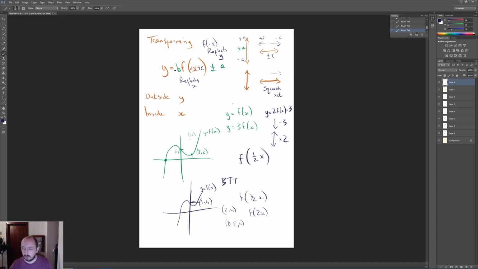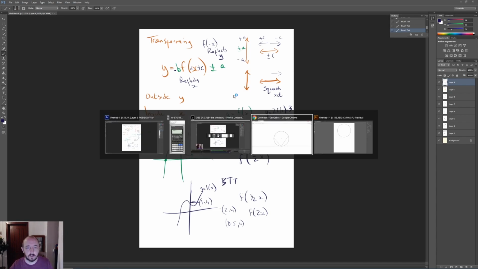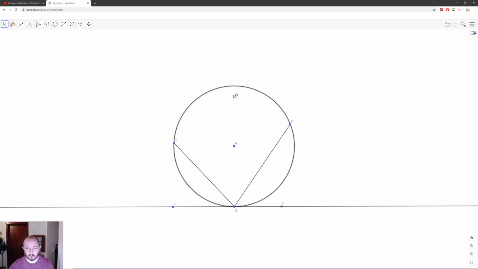Okay, right, moving on, we've got some circle theory stuff. So I've got GeoGebra open here, and we have a tangent, and we have a circle, and a couple of chords. So remember, a chord is a line that cuts the circle at 2 points here and here, C and B. And what that does is it splits the circle.